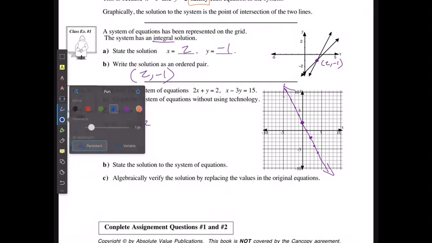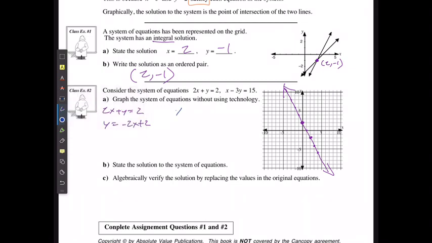I'm going to take my second equation. X minus 3y is equal to 15, which means that negative 3y is going to equal negative x plus 15, or when I divide everything by negative 3, y is equal to 1 over 3 x minus 5. Starts at negative 5, and it has a slope of 1 over 3.